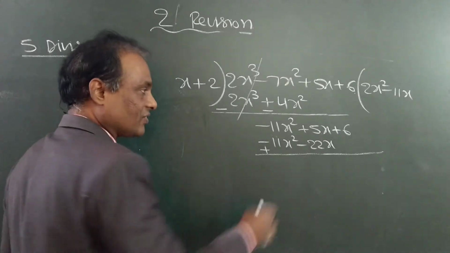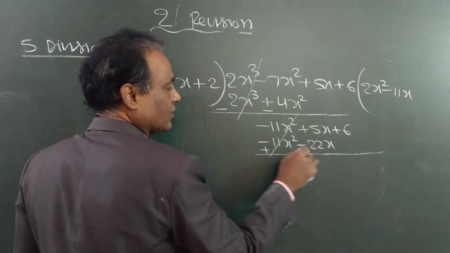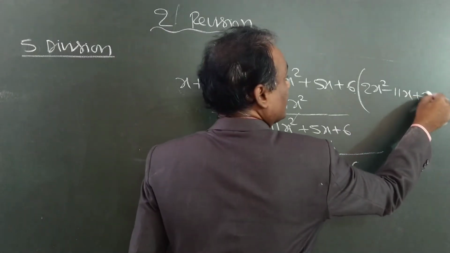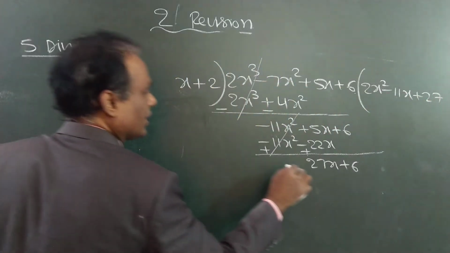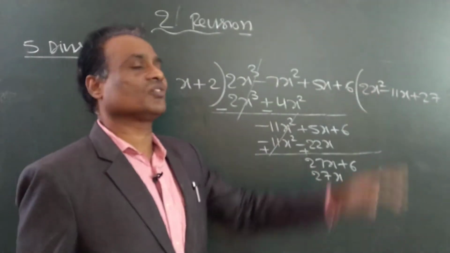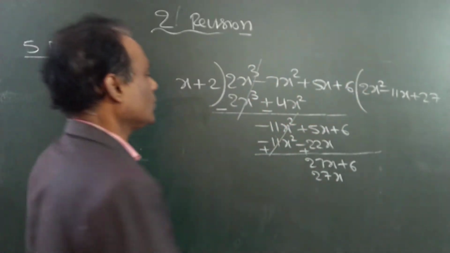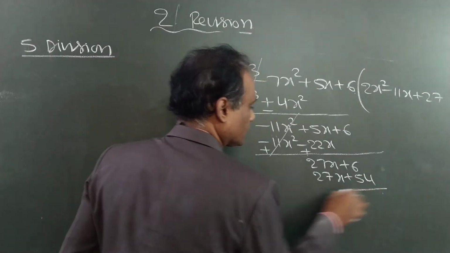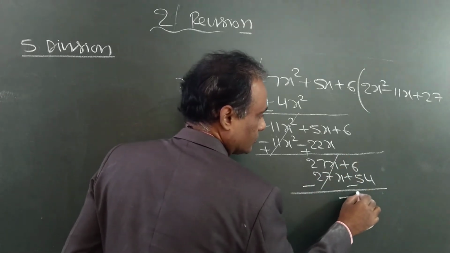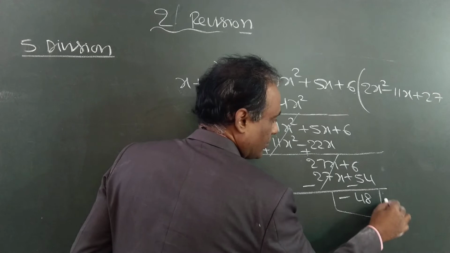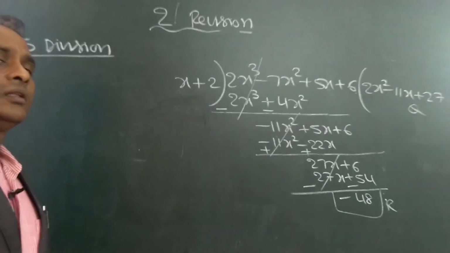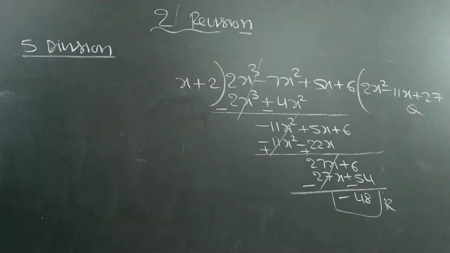Minus becomes plus, minus becomes plus. These two cancel, leaving 27x plus 6. Then take 27 into x, 27x, accordingly choosing the numbers. 27 into 2 is 54. Subtraction: plus becomes minus. This is the remainder and this is the quotient. This is the division process, as I explained.